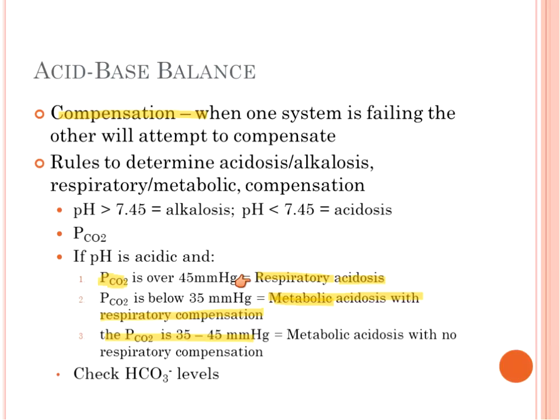Now, when we have compensation taking place, that means that our pH is acidic, and the partial pressure of carbon dioxide is lower than what we want it to be, lower than 35. What that means is that your body is hyperventilating to get rid of some of those excess hydrogen ions by getting rid of that carbon dioxide, in order to compensate for the fact that your metabolic systems are not regulating the hydrogen ion concentration.